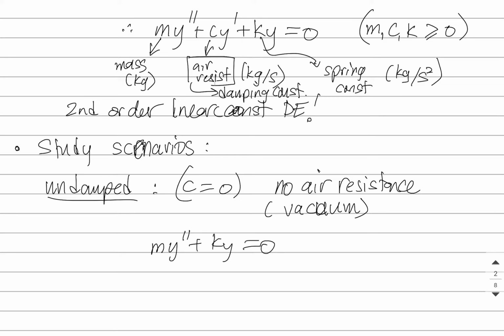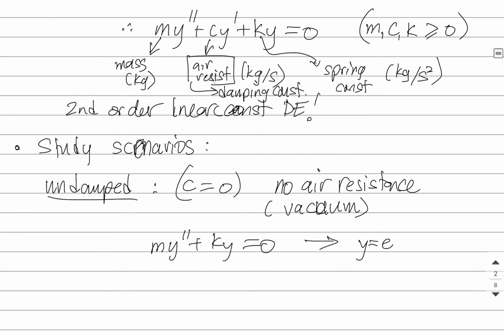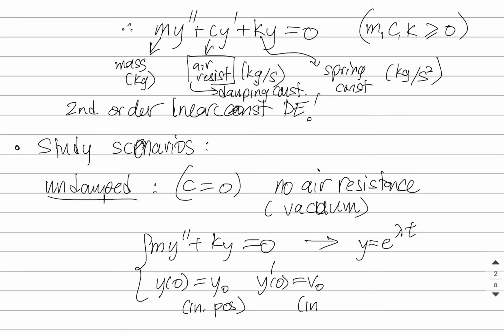Now, this is a basic constant coefficient problem we've studied before. We know that this has solutions e to the lambda t. Generally, we like to put this in an initial value problem. So let's say y of 0 is y naught and y prime of 0 is v naught. So this is the initial position and this is the initial velocity.